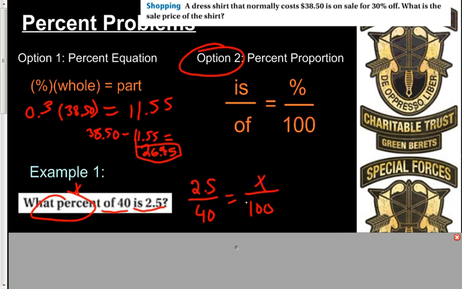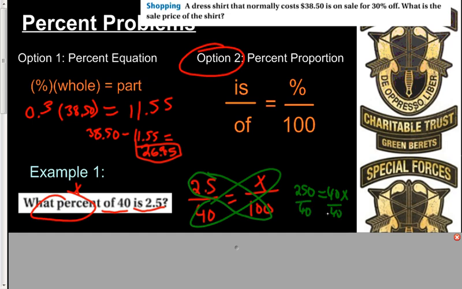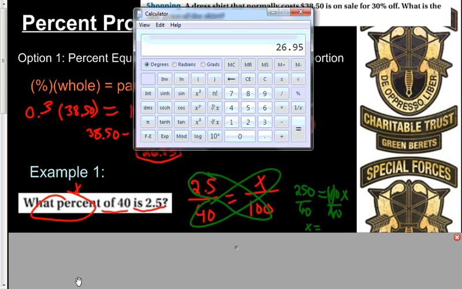So 2.5 times 100 moves the decimal two places over, so that's 250, equals 40 times x, which is 40x. Divide by 40. I get an answer of x equals 250 divided by 40, which is 6.25.